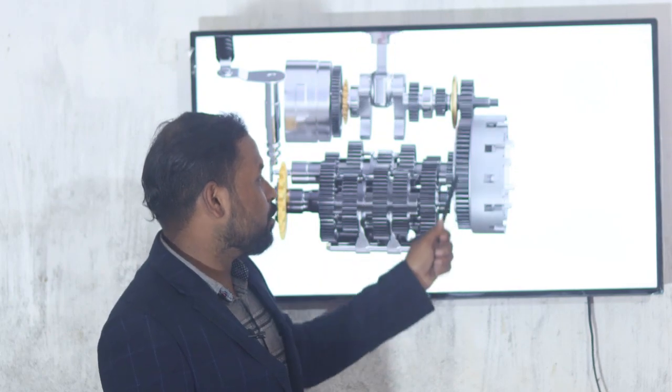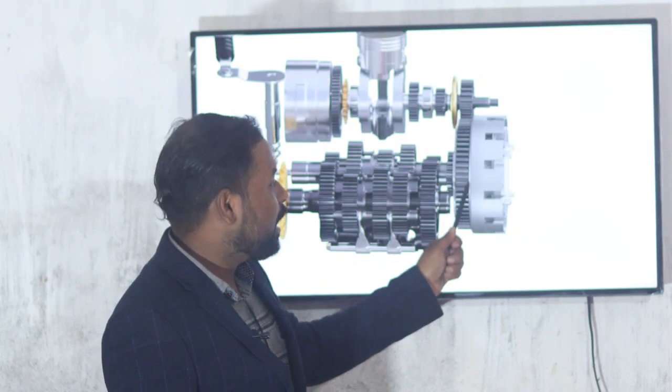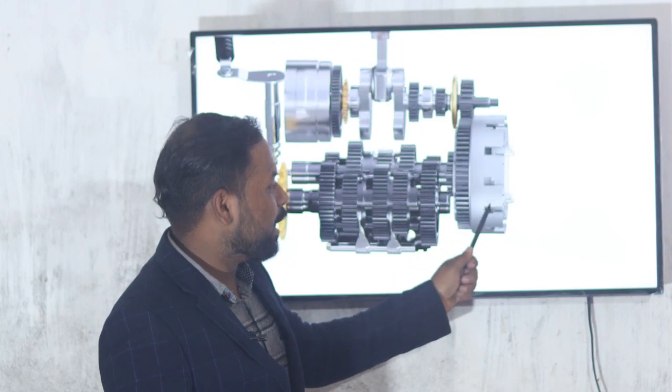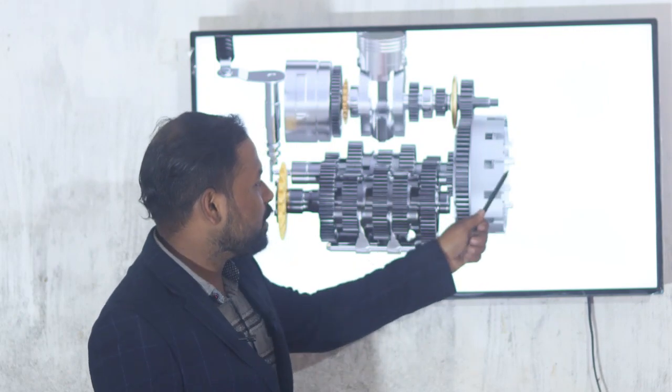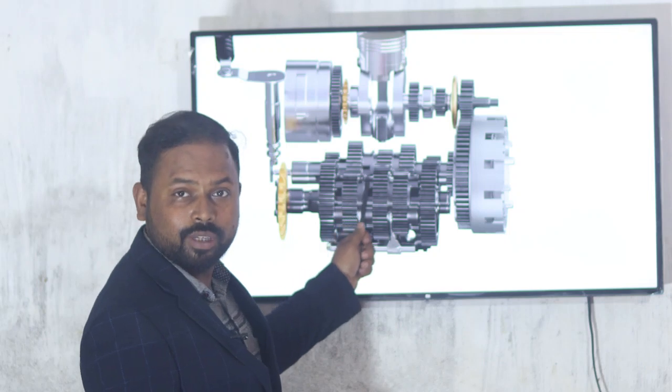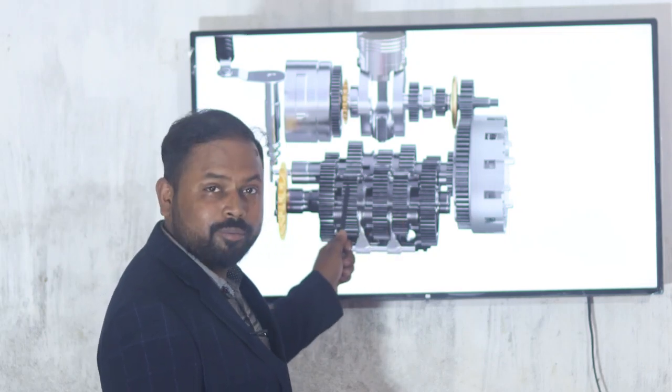It is transferred to this clutch disc, then to the plate, and then to this inside wheel, which is connected to the input of the gearbox.